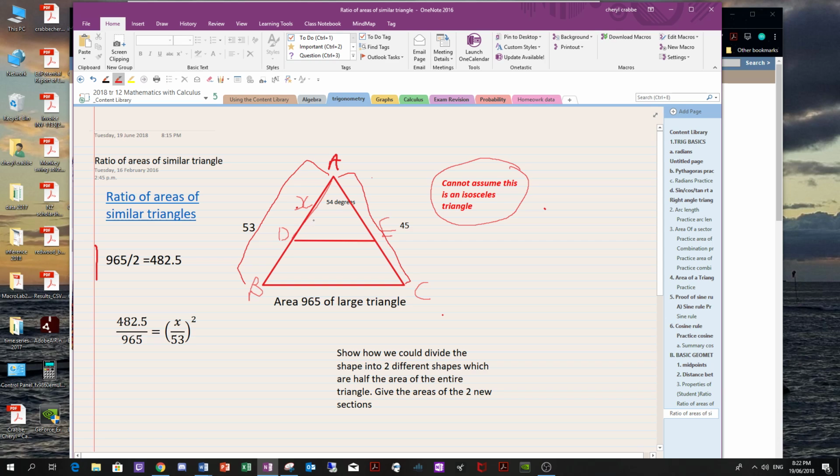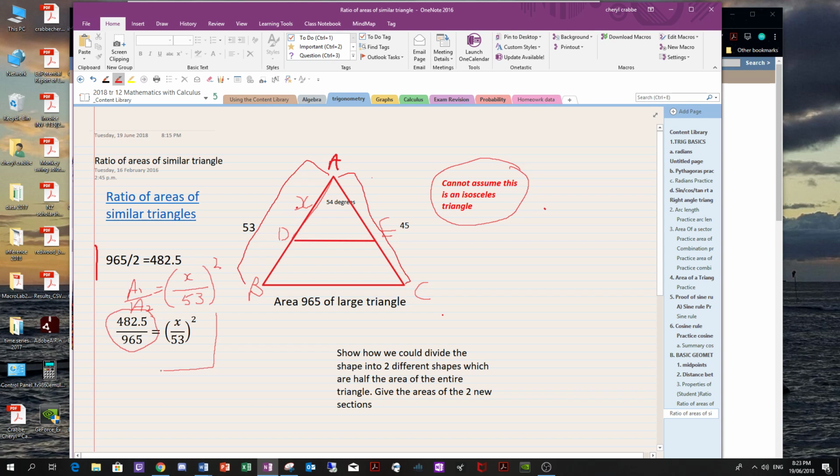And so when we set up similar triangles, we set up the ratio of the areas, area 1 over area 2. And that's going to be equal to, remember, the square of the ratio of the sides. Now you have to keep it consistent, so we say little side, because the top is the little triangle, over the big side, 53, and it's the square of that.